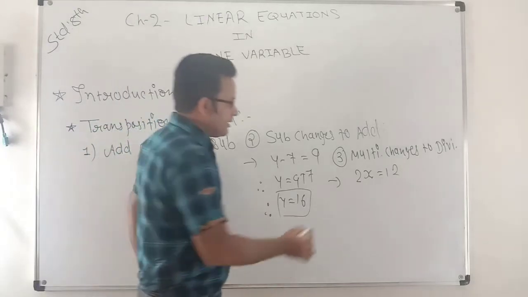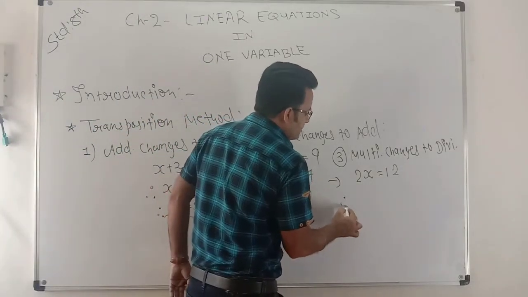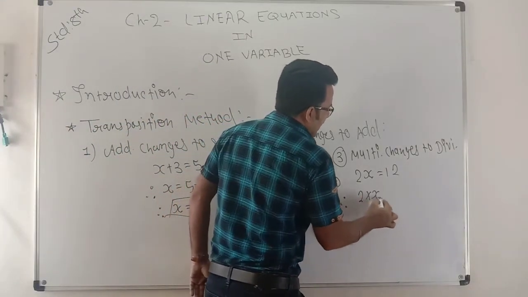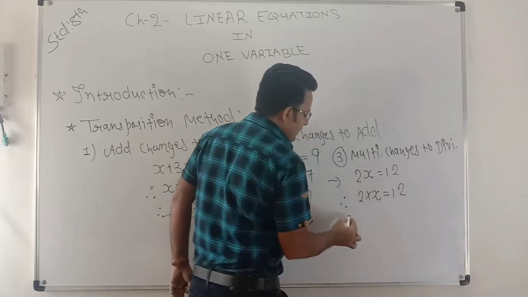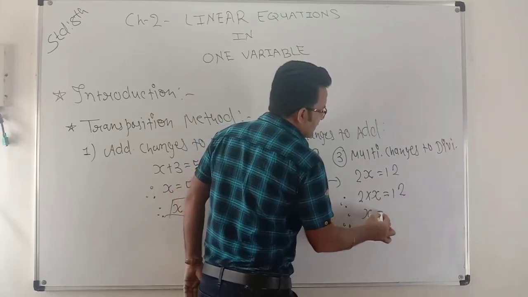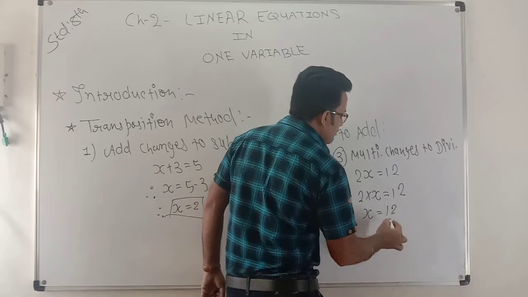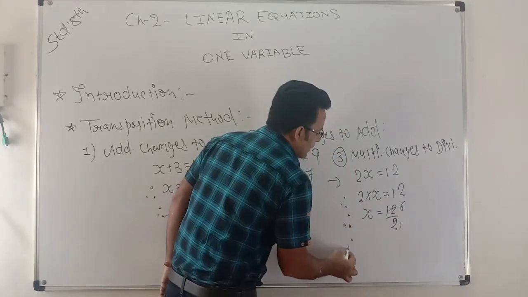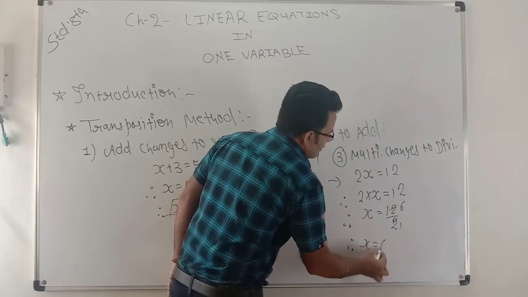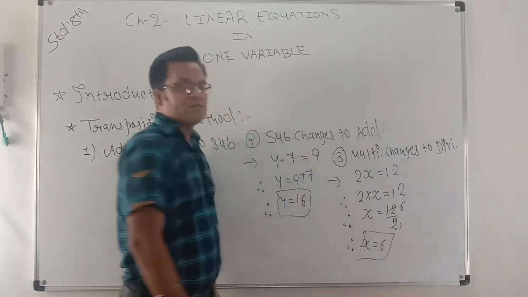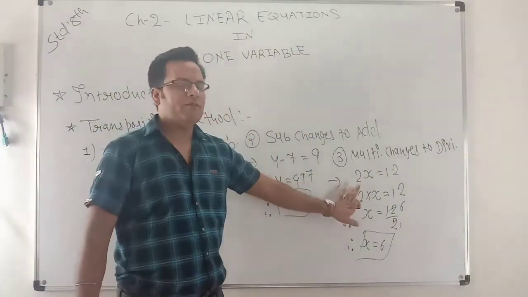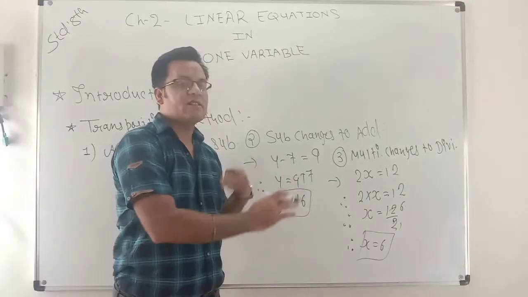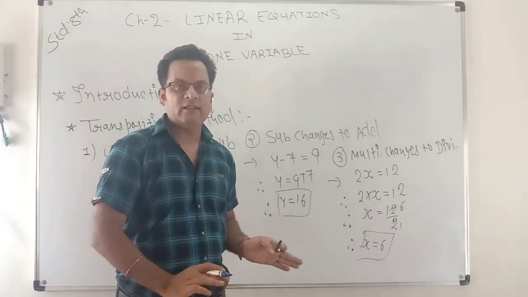Right? 2x means what, students? 2 into x is equal to 12. And therefore x is equal to, you can see that 12 will be divided by 2. So x is equal to 6. So here you see the multiplication relation is changed to division to get the answer.